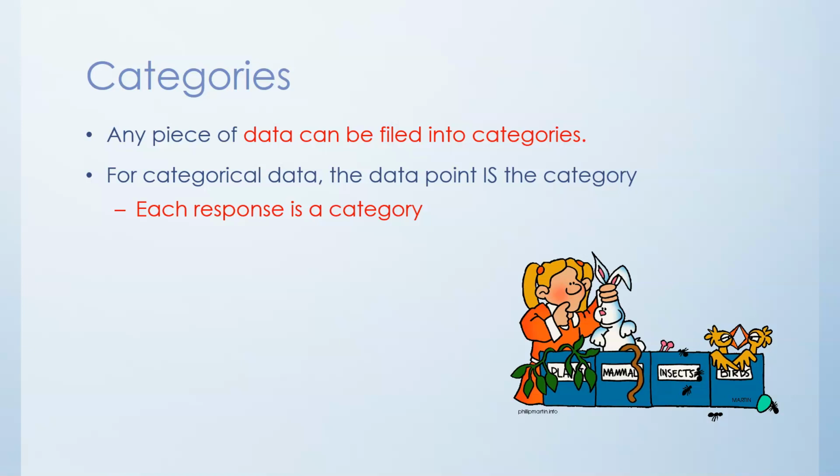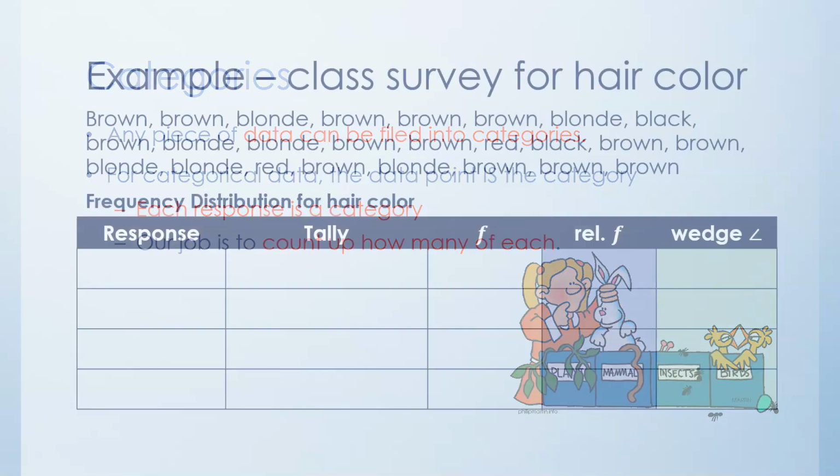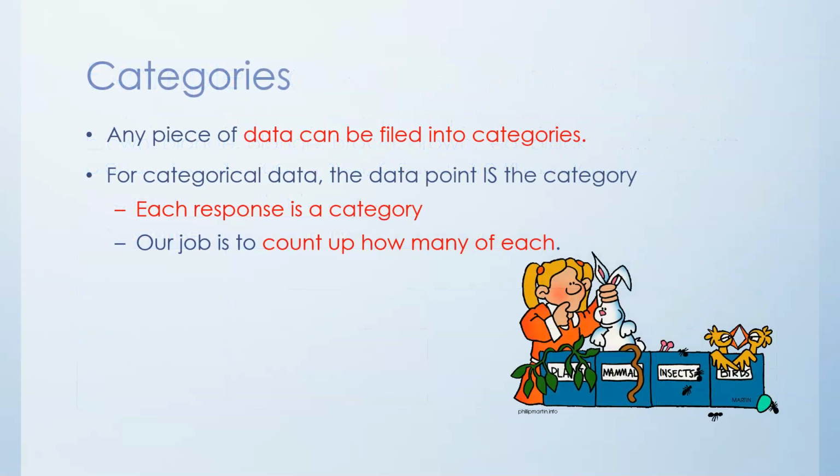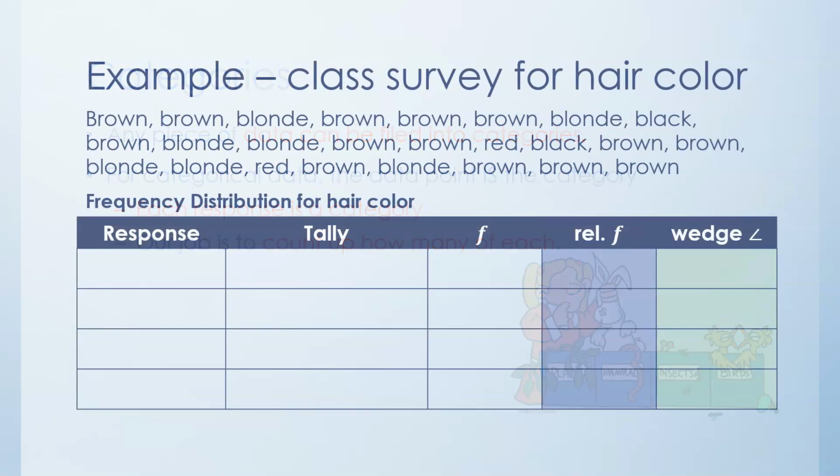If I were to ask a group of people what their hair color was, each response would be its own category, and then I would figure out how many blondes I have, how many redheads I have, and so on. Let's look at an example of this.